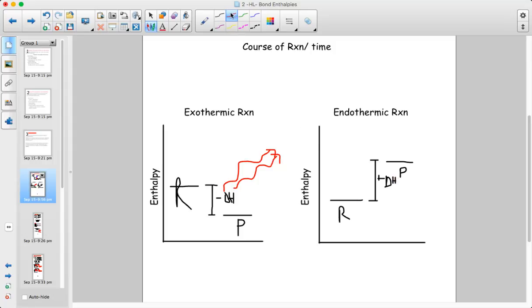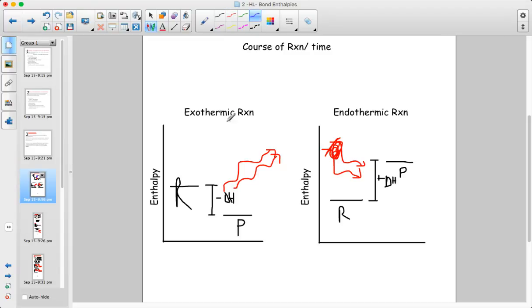Where does that energy come from? Well, it has to come from somewhere, and it has to come from the surroundings. That's why if you are part of the surroundings and you touch something that's having an endothermic reaction happening, it will feel cold, because this heat is coming from you, and it's going into the compounds, and it's being stored up in the products as greater enthalpy, greater stored energy.